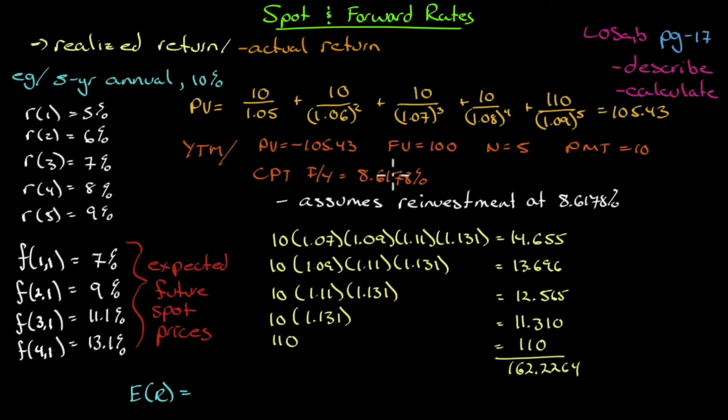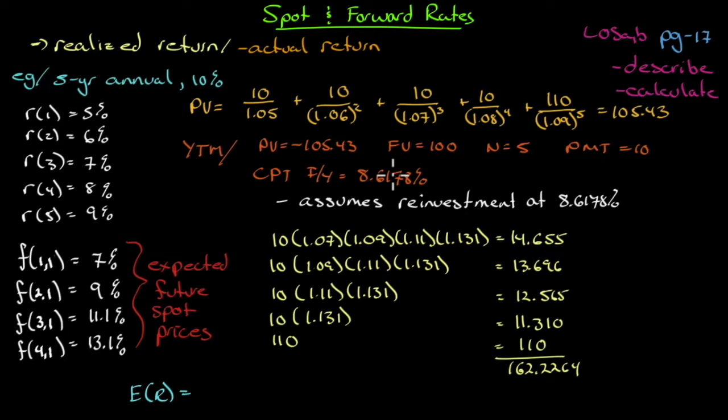8.6178. Now, I'm saying to you that is not your expected return. The 8.6178 is just a weighted average of the current spot rates used to discount those cash flows. That's all that is, just a weighted average. It's not your expected return.